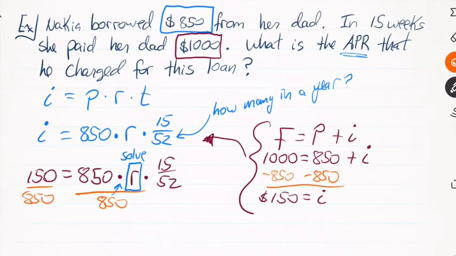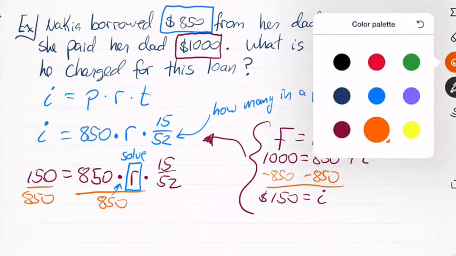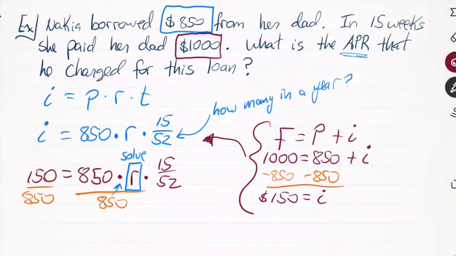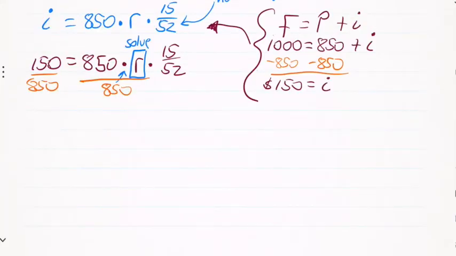I'm going to leave it as 150 over 850, because remember, I'm going to let my calculator do all the work. So 150 over 850 is now equal to R times 15 over 52.